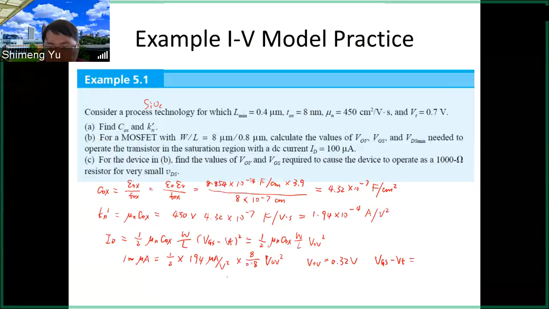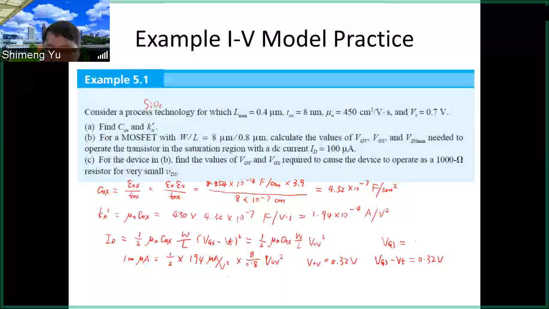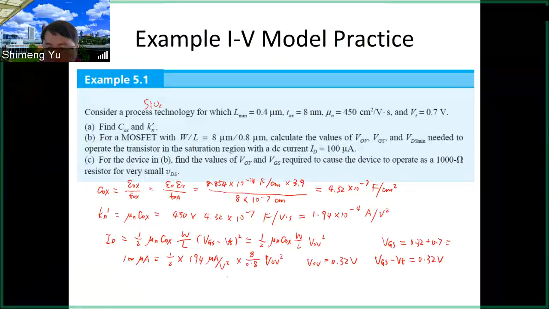So this must be positive. So VGS is 0.32 plus the VT, and VT here is 0.7, so you get 1.02 volts. You need to apply a gate voltage of 1.02 volts to give you 100 microamp.